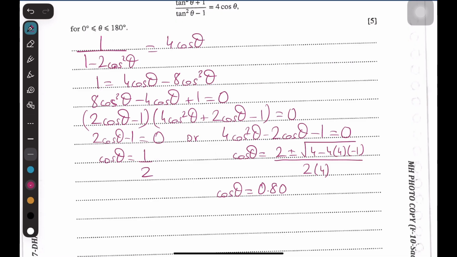Sorry, my bad. So this is going to be plus 2. So you can see over here it's plus 2. I wrote minus by mistake. So this will become minus 2.